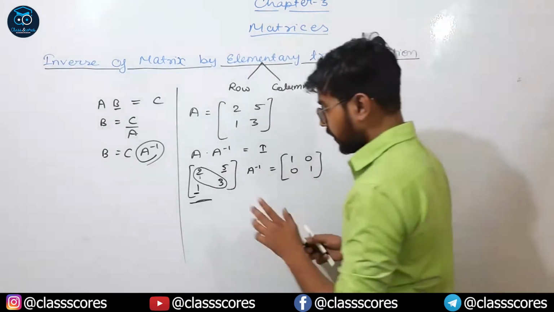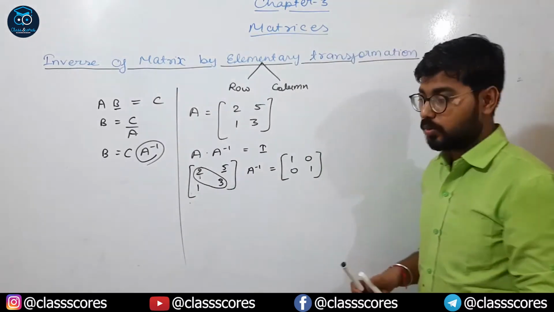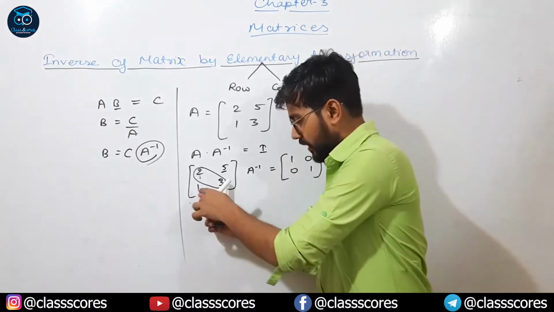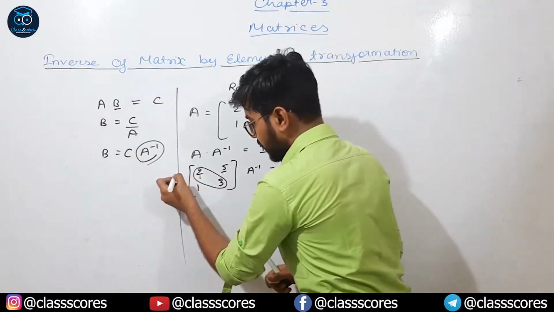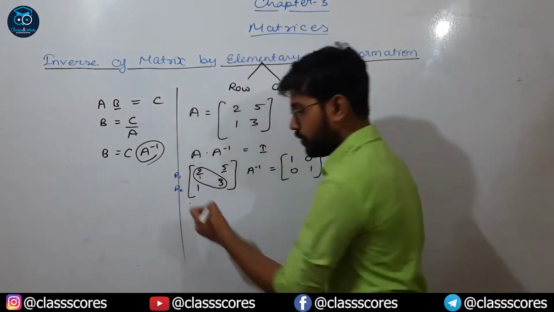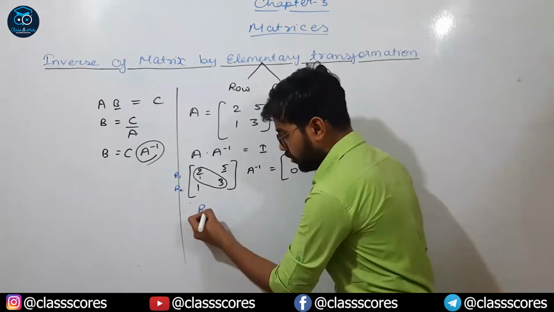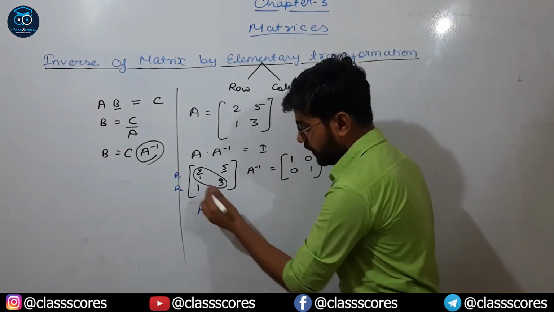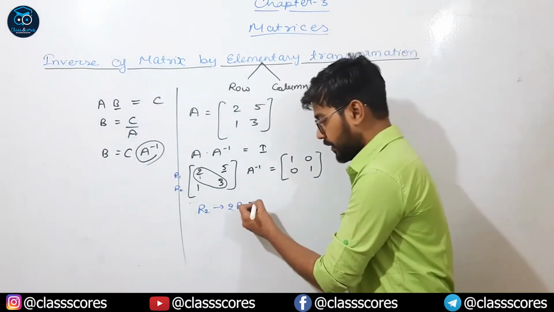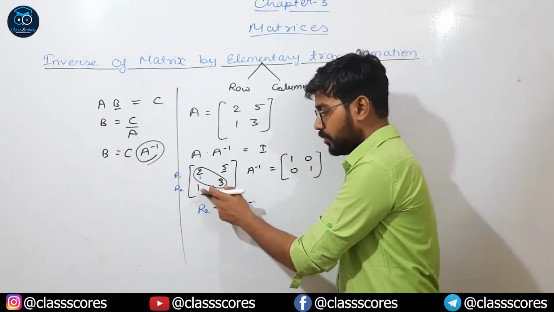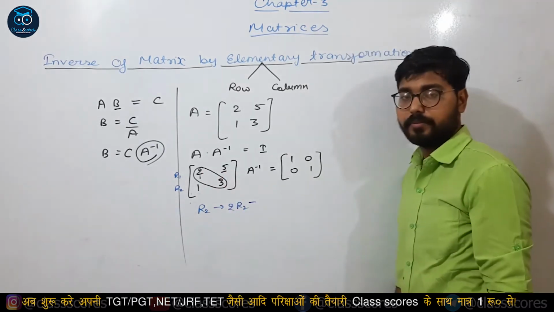Clear? Okay. First of all, we need to convert this 1 to a 0. If it becomes 2 and we subtract it from R2, it will become 0.